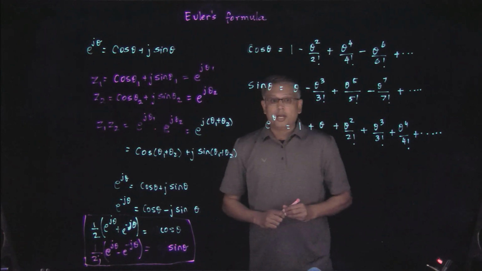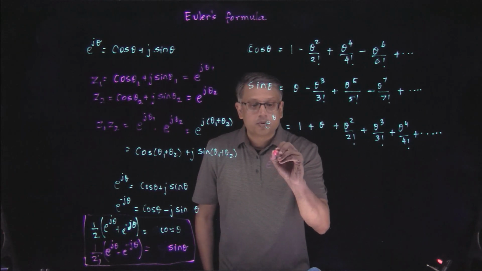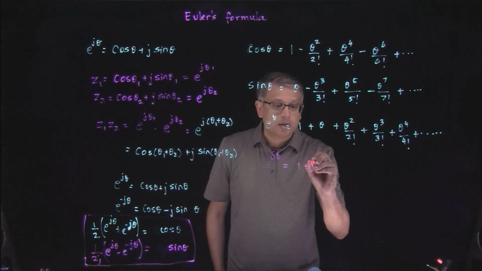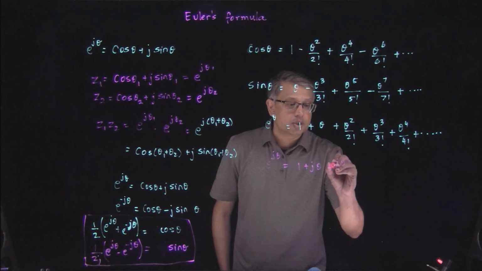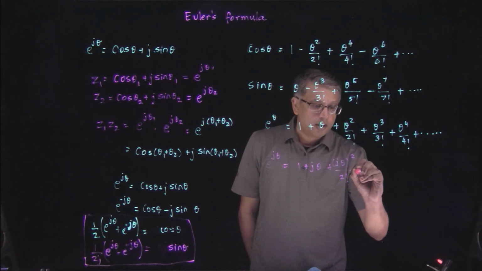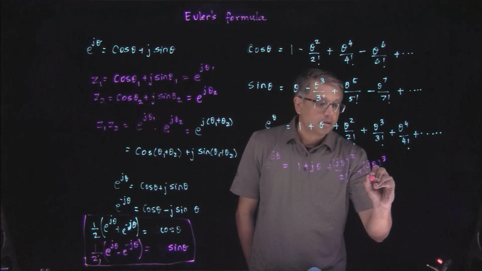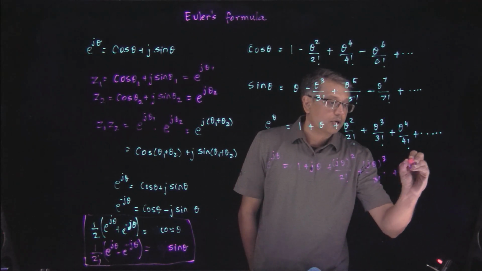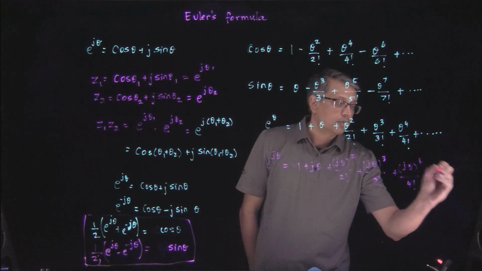So when I do that, we're going to get e to the j theta to be 1 plus j times theta plus j theta squared over 2 factorial plus j theta cubed over 3 factorial plus j theta to the 4 over 4 factorial, and so on and so forth.